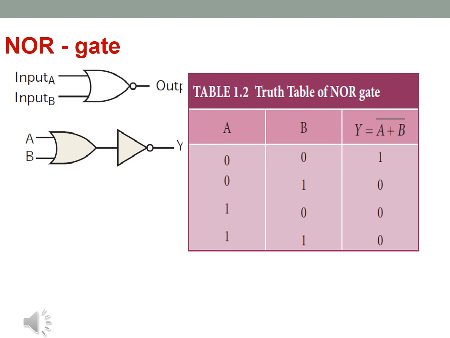The NOR gate itself, we know NOR gate means adding the numbers. 0 0, what is the answer? 0 0 is 0 only. Here we are taking the complement, which means 1.